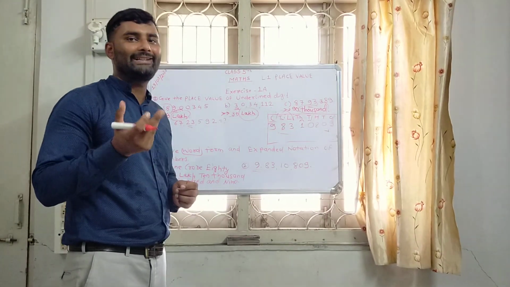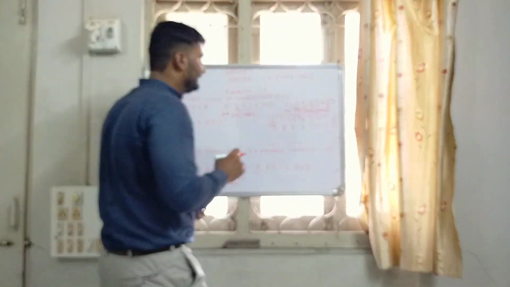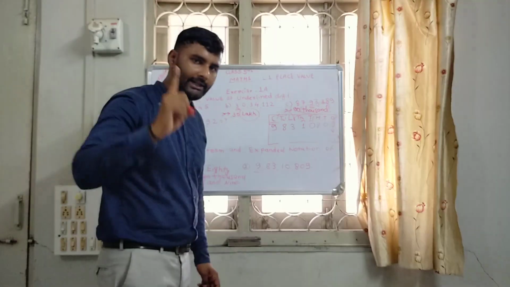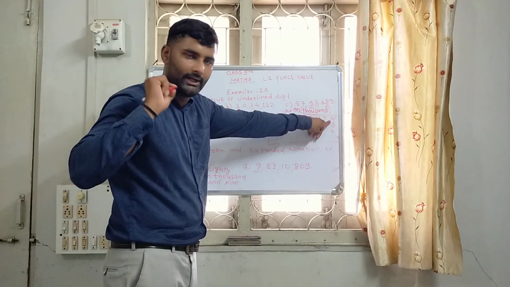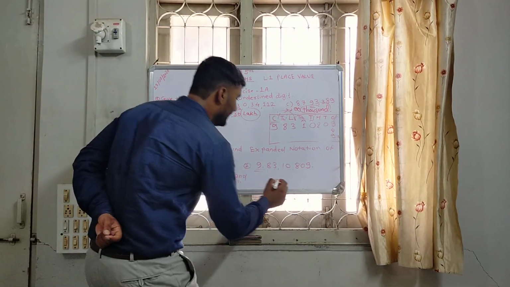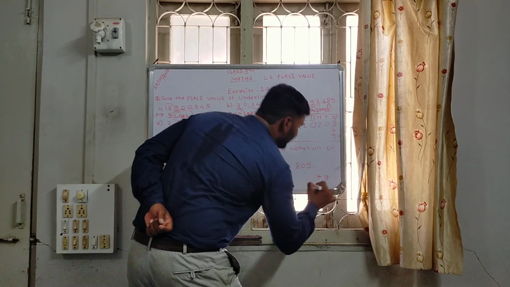Now move on to expand that number. Similarly, 9 multiplied by 1, that makes 9. I just write here 9.